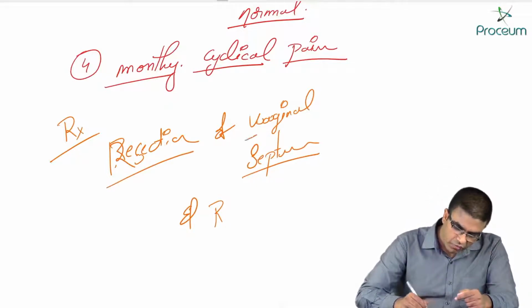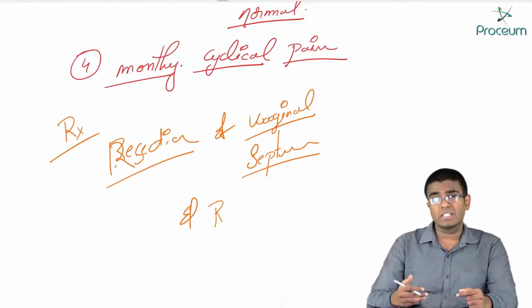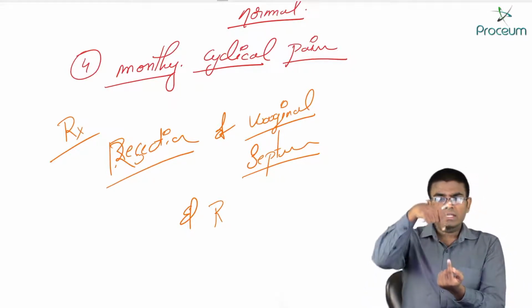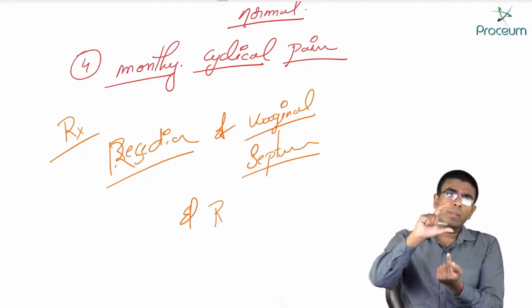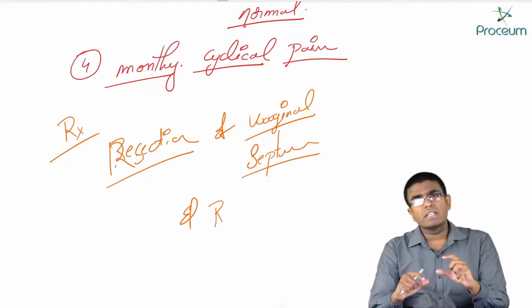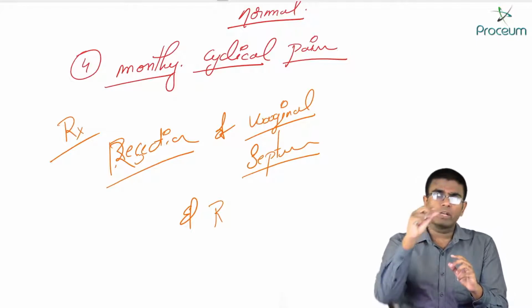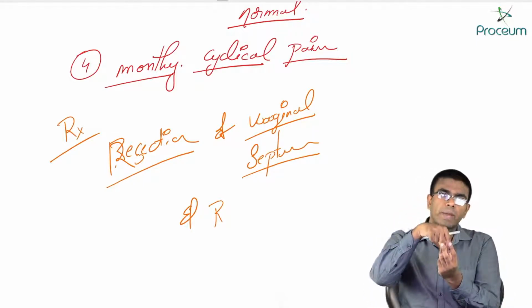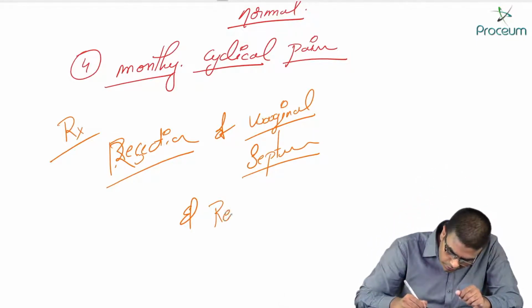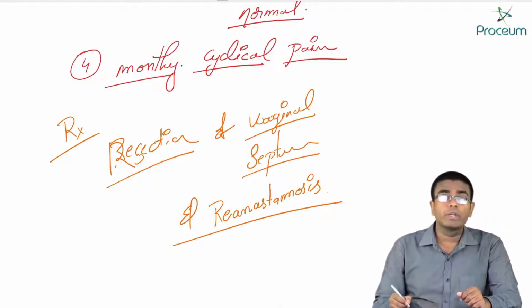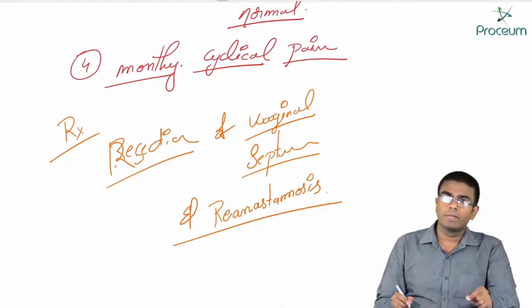See, the Mullerian duct has formed the upper two-third of the vagina. The urogenital sinus forms the lower two-third of the vagina. It's absolutely normal, but there is a septum. You need to take out the septum and you need to connect them back again, the reanastomosis. So this is what you are going to do for the treatment.